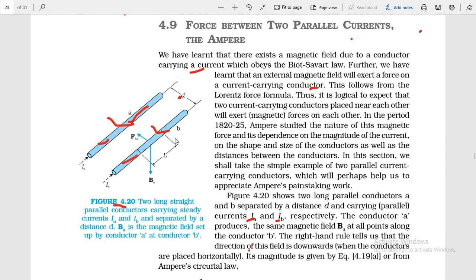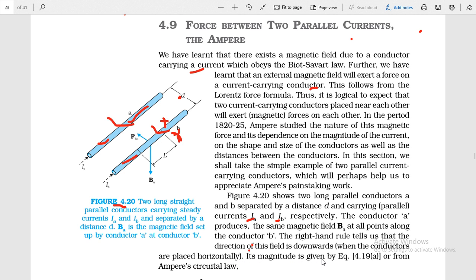So the magnetic field at this point, in which this conductor is placed, is inward, actually perpendicular to the plane of paper and inward. So you can denote it by a cross.